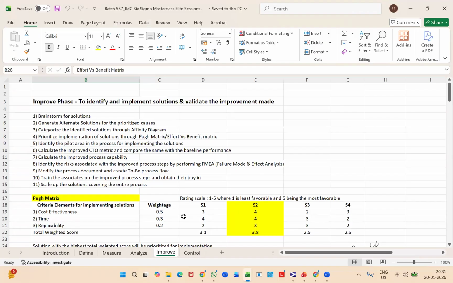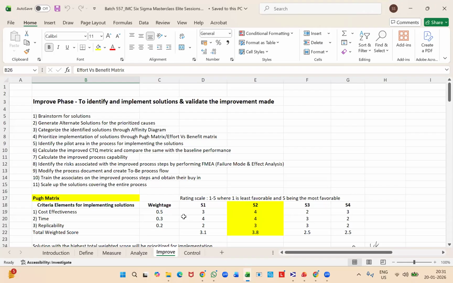We'll not come up with just one single solution, we'll generate alternate solutions for the simple reason that if the primary solution is not going to yield the required benefit, we will always have the backup solution which can be implemented immediately. Otherwise, we might have to conduct the brainstorming session once again, which can be avoided.